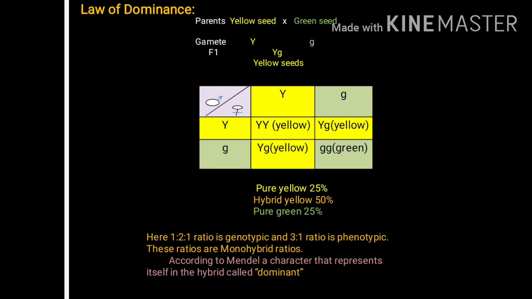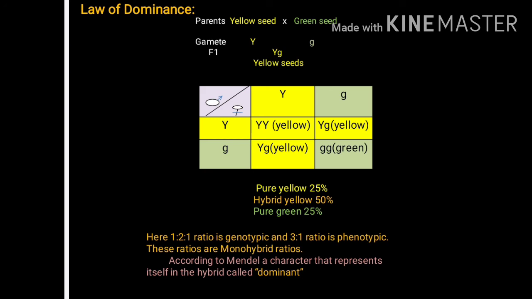That means there is a formation of a capital Y yellow offspring, as well as a capital Y small y offspring, but the color is yellow. The third offspring is capital Y small y, but their phenotypic appearance of color is yellow, and the fourth one is small y small y, and the color is green.